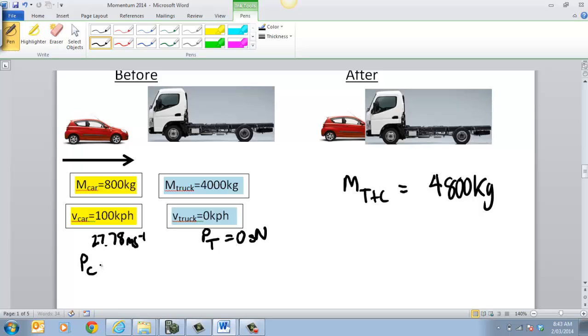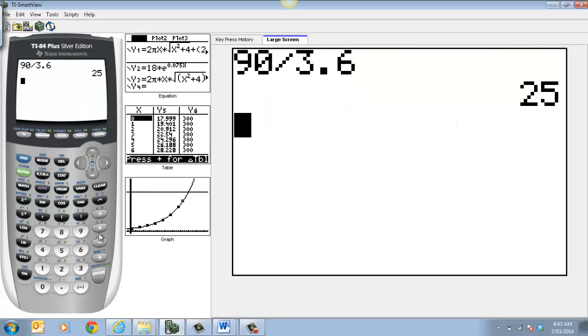P of the car is simply the mass, 800, times 27.78. I can go to my calculator and do that: 800 times 27.78.